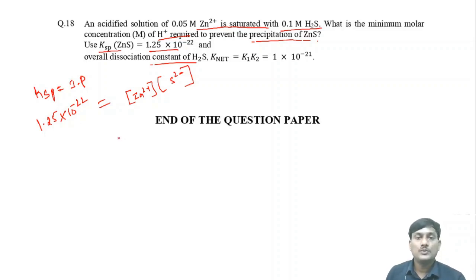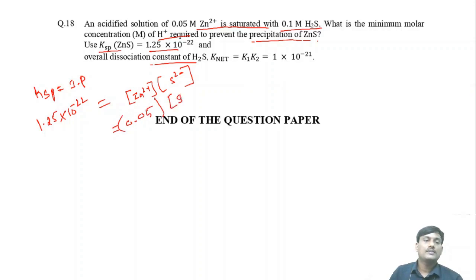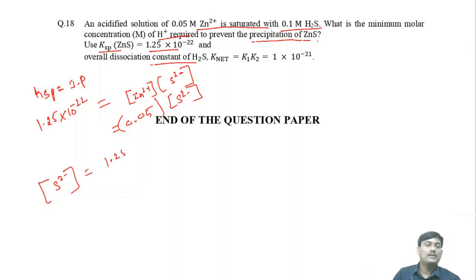The concentration of Zn2 plus is given, 0.05. You have to find out the concentration of S2 minus. It will be 1.25 into 10 to the power of minus 22 divided by 0.05, which means 5 into 10 to the power of minus 2.